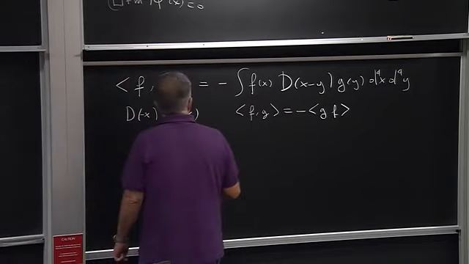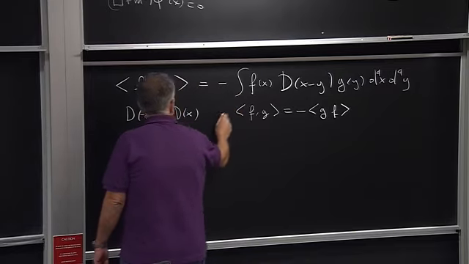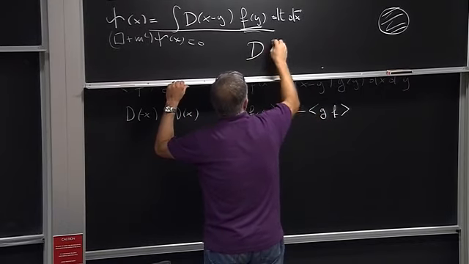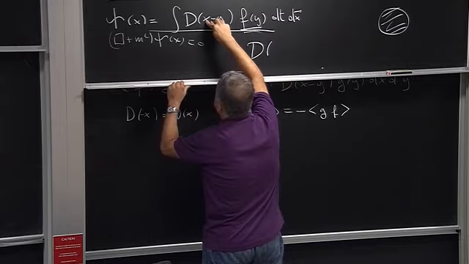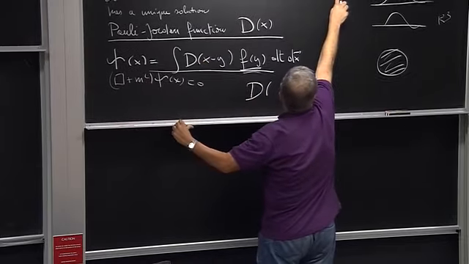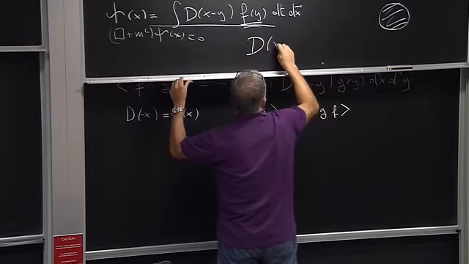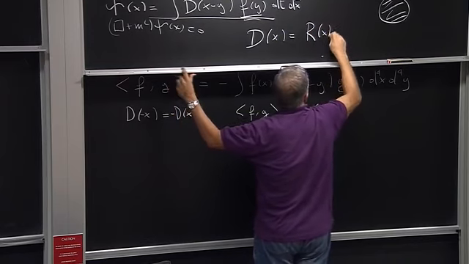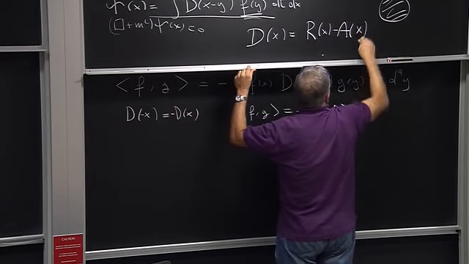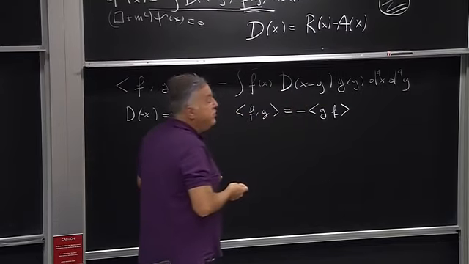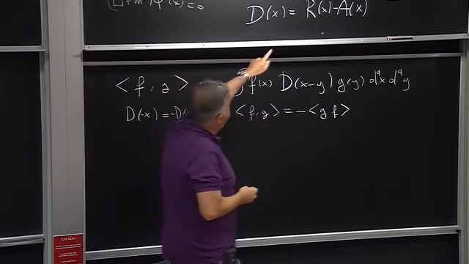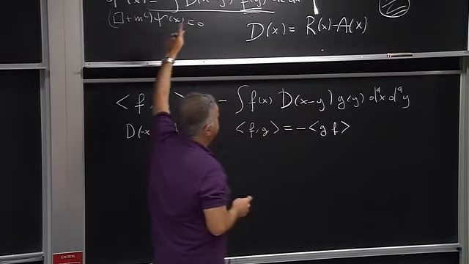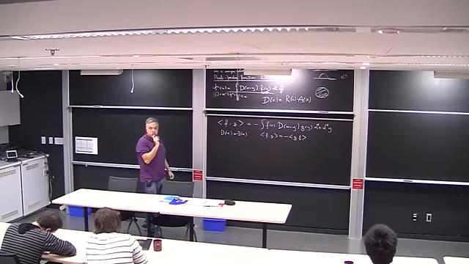But the interesting and important point is that we can rephrase this product by using the second fundamental property of the Pauli-Jordan function. The first one is that you can solve the Cauchy problem. The second is that you can write it as the difference of the retarded function and the advanced function. I use the word function, but I should say distributions. These are solutions of the inhomogeneous Klein-Gordon equation with a delta source.